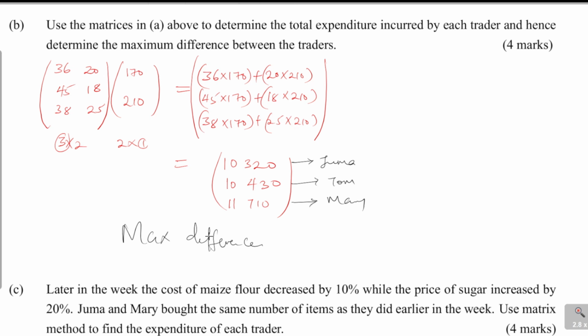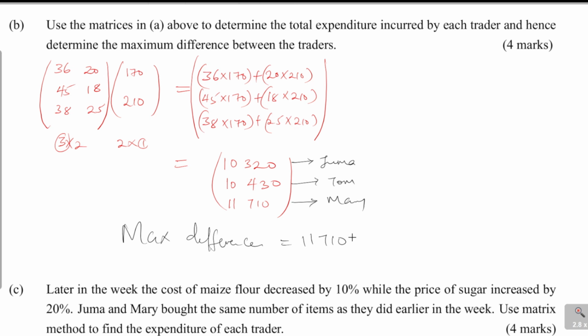For maximum difference, you'll find which one you are going to subtract among the three, Juma, Tom, and Mary, that will give you the biggest difference. You can look at this figure, look at the highest figure. You're going to look for the highest minus the lowest. The highest of all these is 11,710.